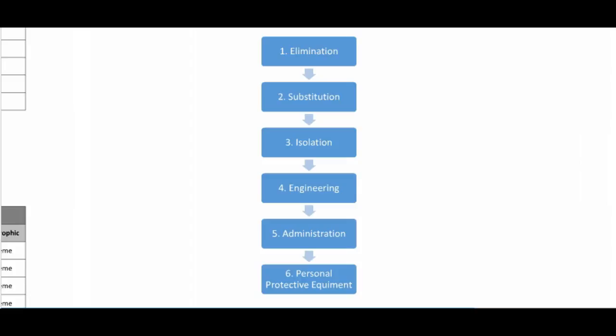It should start at number 1, elimination, and progress to number 6, personal protective equipment. As you progress from number 1 to number 6, the controls become less effective. Other considerations include that multiple options can be used and the need to always consider residual risk, which is the creation of new risk when change is made.